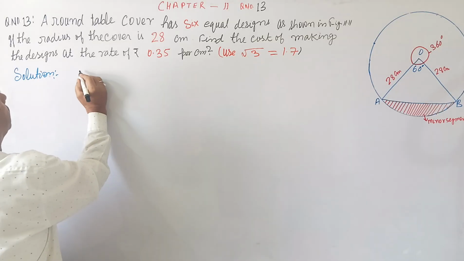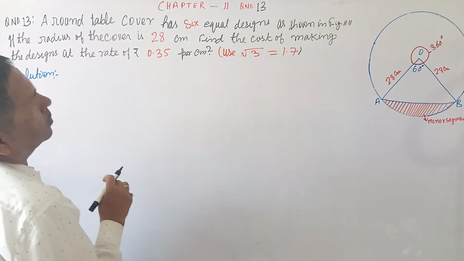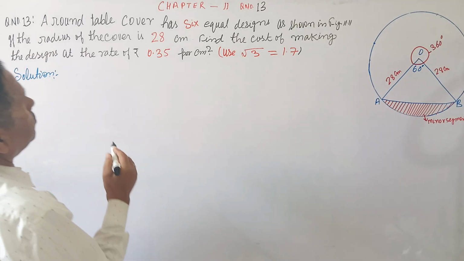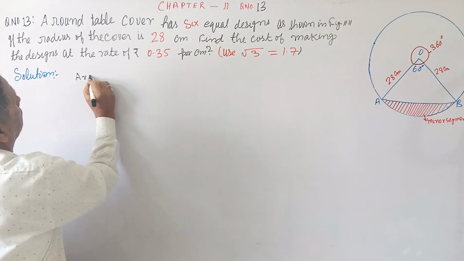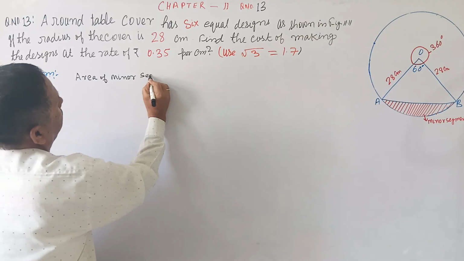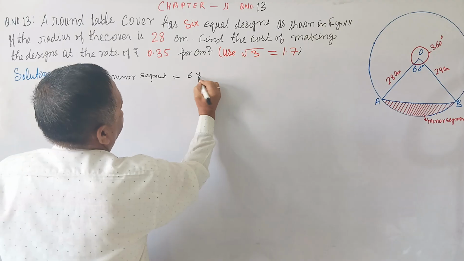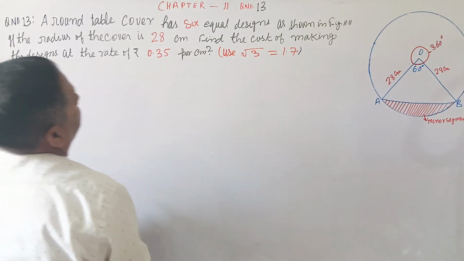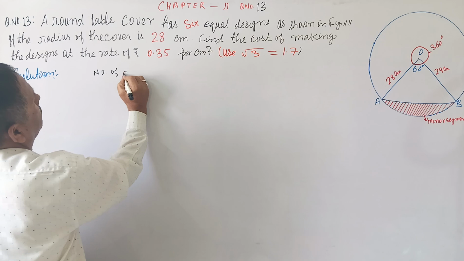Now, given: a round table cover has 6 equal designs. We will first write the number of designs.